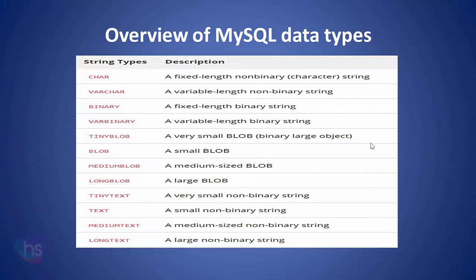In the string data types we can categorize char, varchar, binary and varbinary, tiny blob, blob, medium blob, long blob, tiny text, text, medium text, long text. Very simple. All the descriptions are also here. Just pause the video and note down the main important points wherever you require.